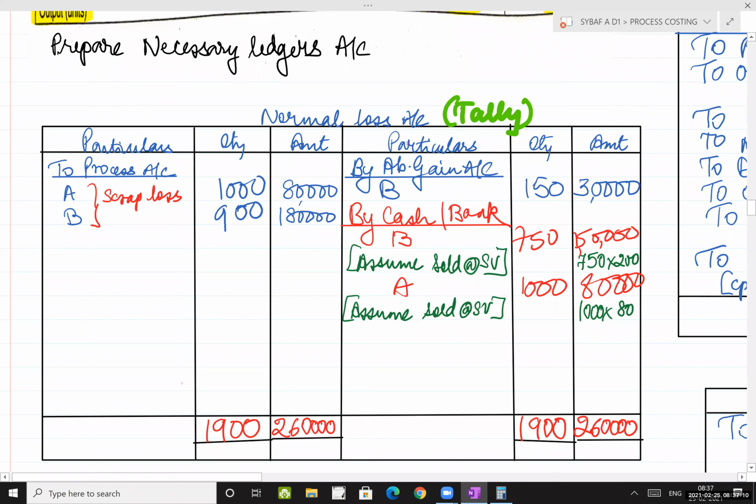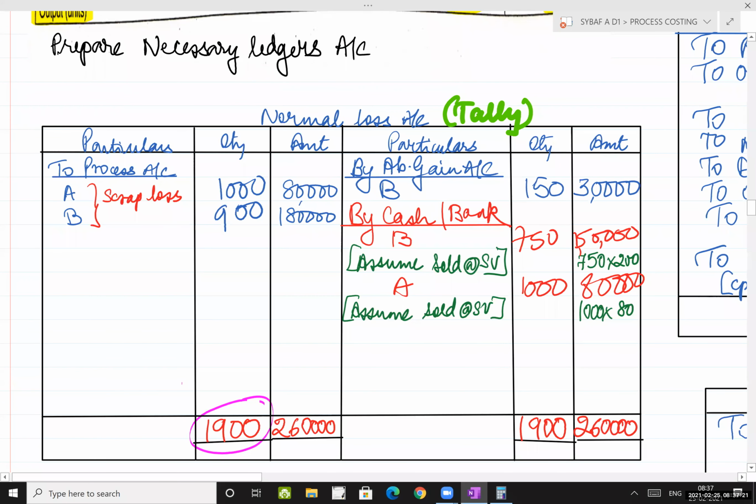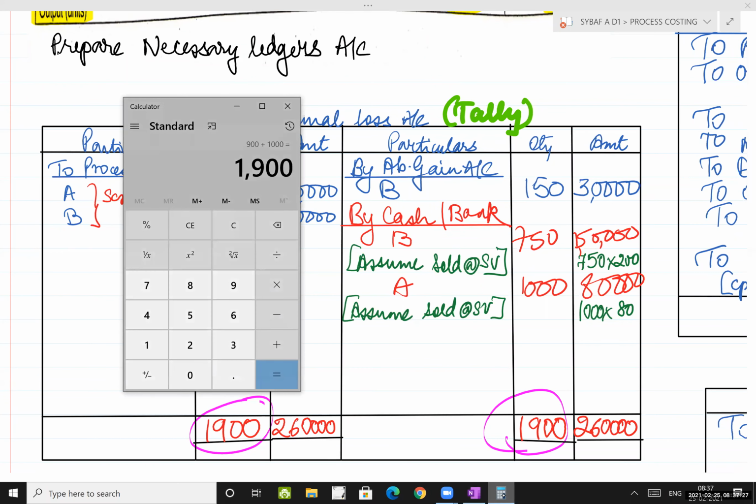See the debit side 1900, credit side भी 1900 ही आएगा। 150 plus 750 plus 1000, 1900। See the debit side amount 1 lakh 80 plus 1 plus 80, 1 lakh 80 plus 80,000, 2 lakh 60.